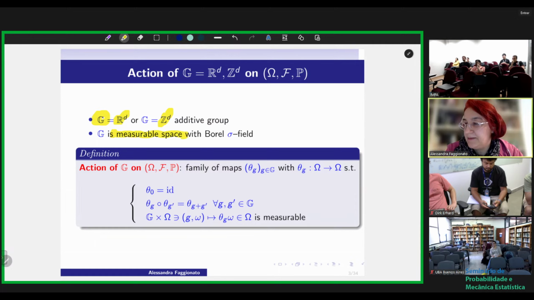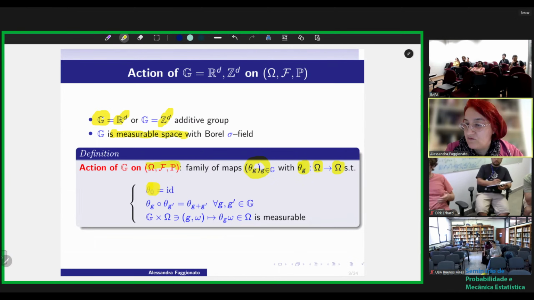And now I define the action. The action of the group G on my probability space, where F is the sigma algebra of events, is a family of maps theta_g, parameterized by g, the elements of the group. Each theta_g is a map from Omega to Omega, and they satisfy the following properties.